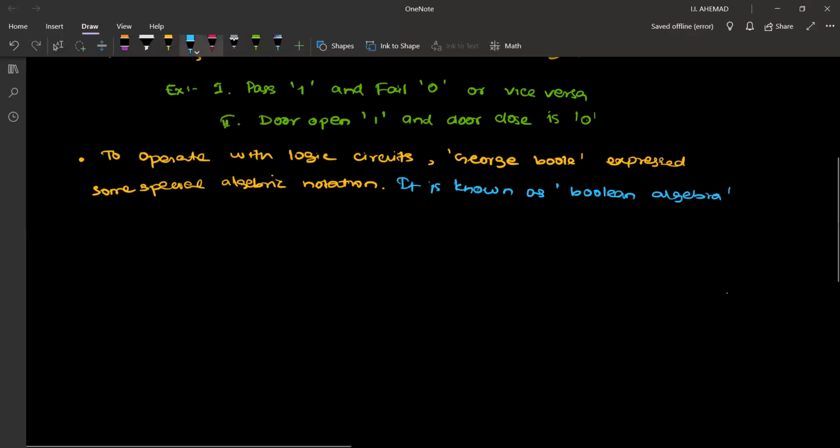So here in Boolean algebra, we have some special algebraic notations. First one, 0 plus 0 is equal to 0.